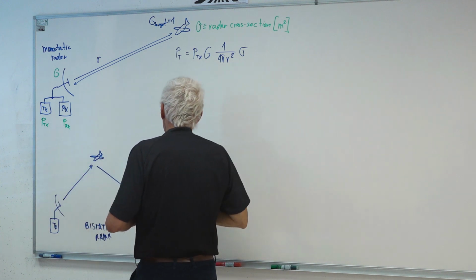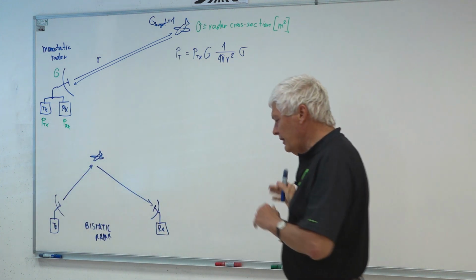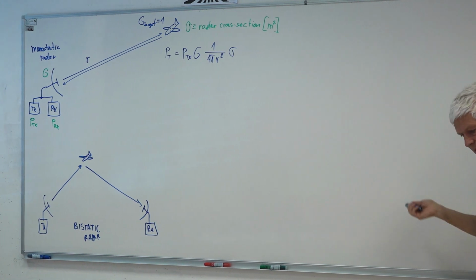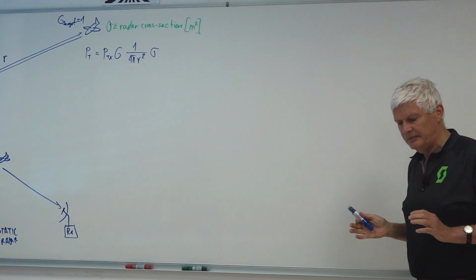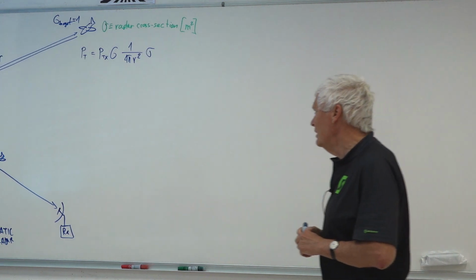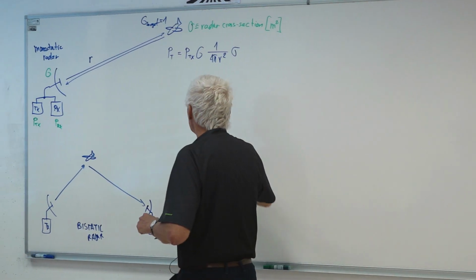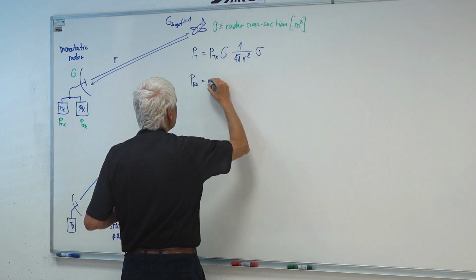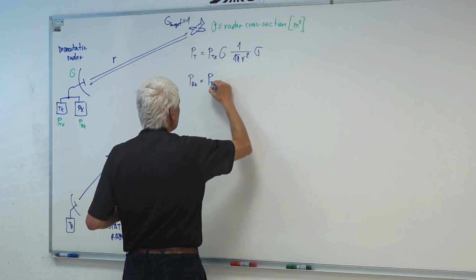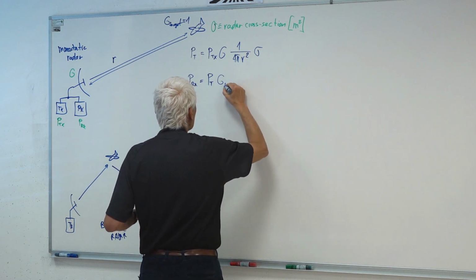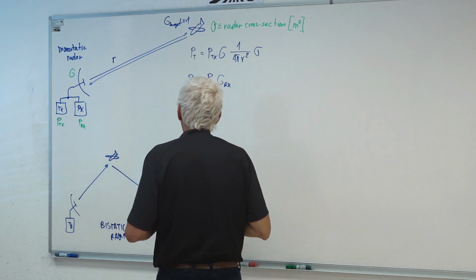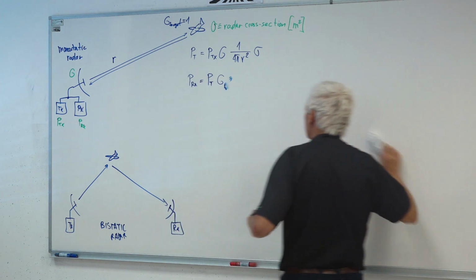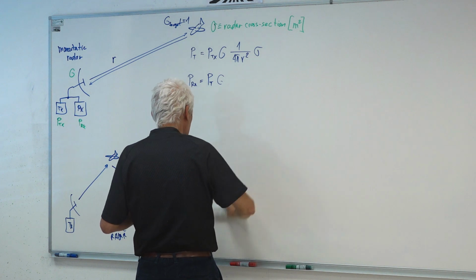So this radiation falling on the aircraft is scattered in all possible directions uniformly. So it's an omnidirectional pattern. So the power in the receiver will be the power on the target times the gain of the receiving antenna. The gain of the receiving antenna is just G because we have just a single antenna. So I need not write here the subscript.